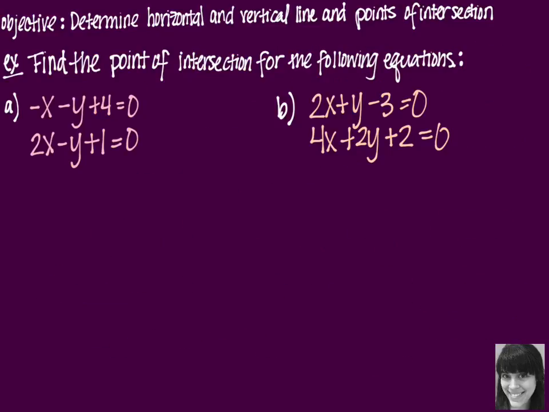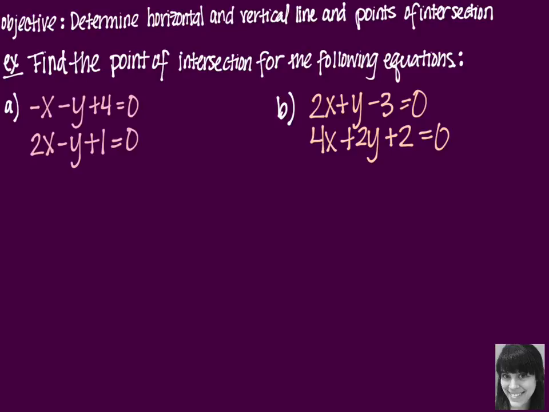Okay, so here's an example, or two examples. We're going to do the A first. I have negative x minus y plus 4 equals 0, and 2x minus y plus 1 equals 0. These are two equations, and I want to find the point at which they intersect. I could graph them, and hopefully I do it perfectly so I know exactly the point at which they intersect.